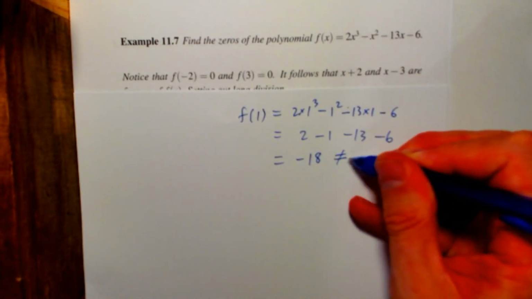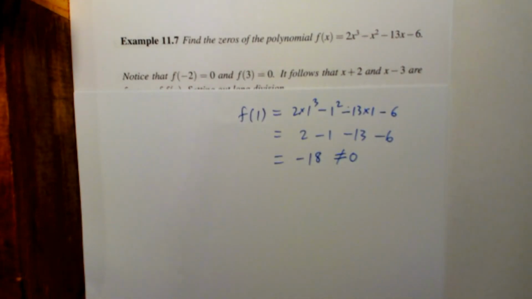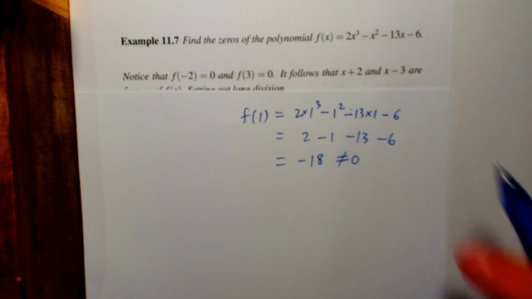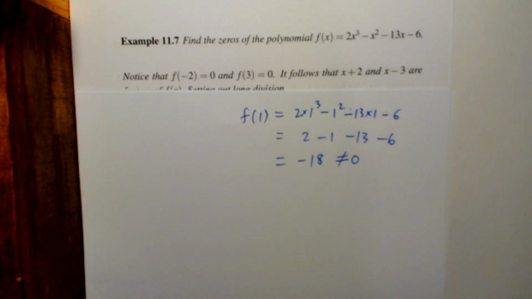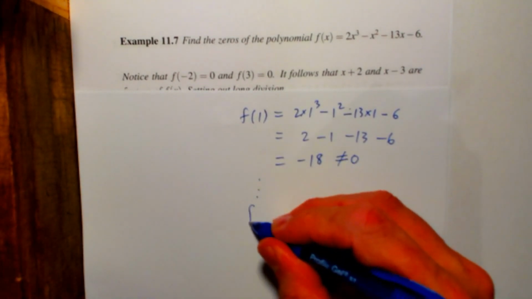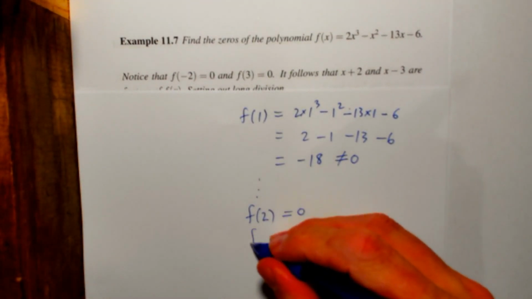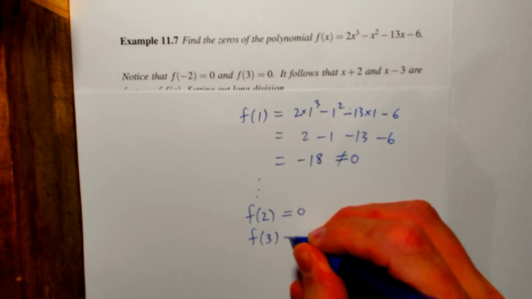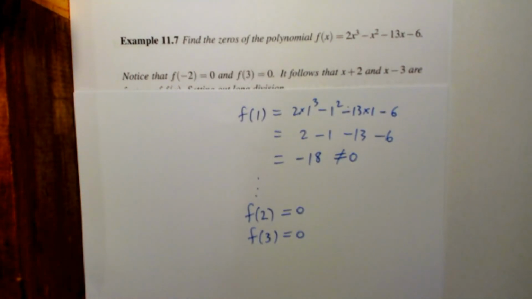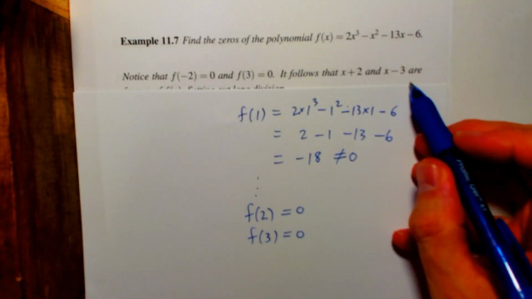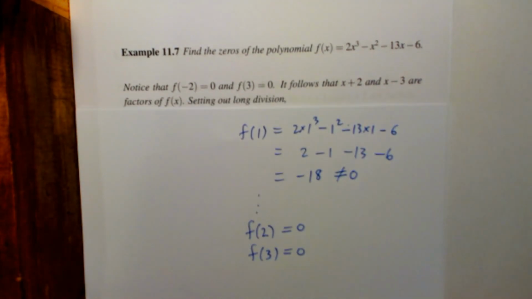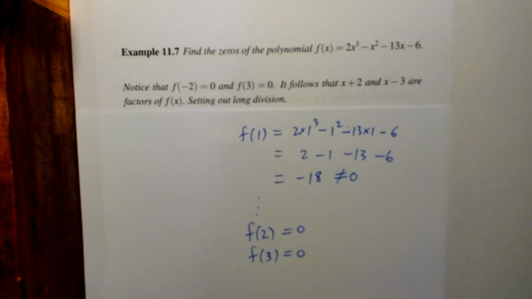Okay, that's not equal to 0, so 1 is not a 0 of that cubic polynomial. All right, dot, dot, dot. F of 2 does give 0, and f of 3 does give 0. So that tells us that x plus 2 and x minus 3 are two factors of f of x.